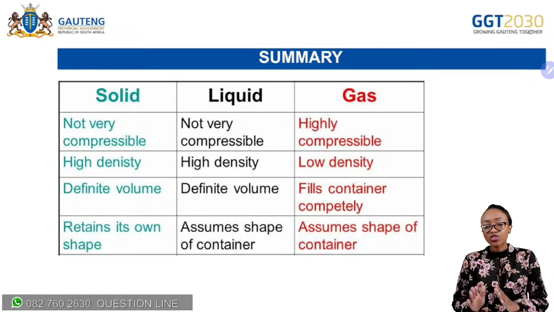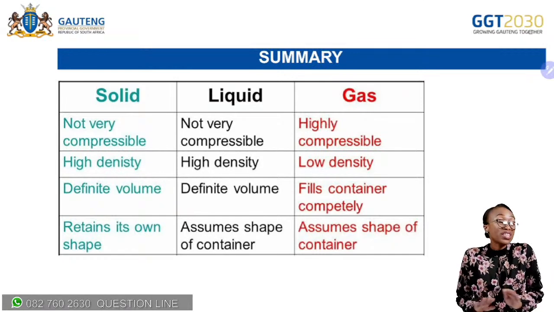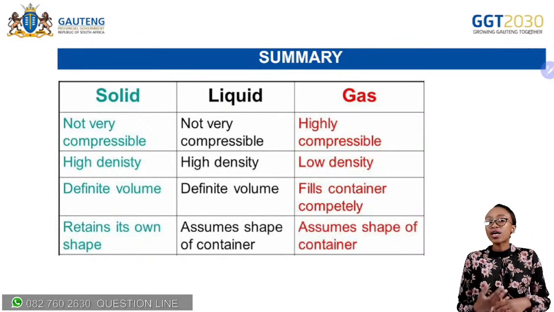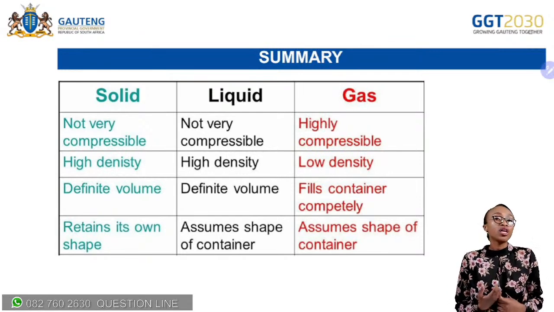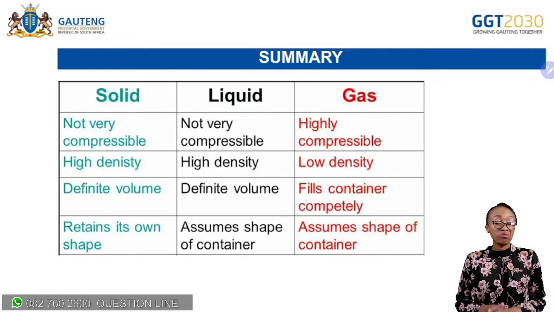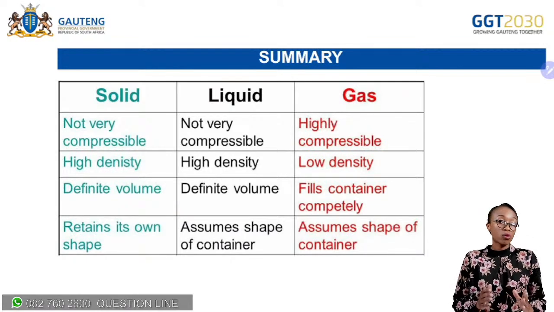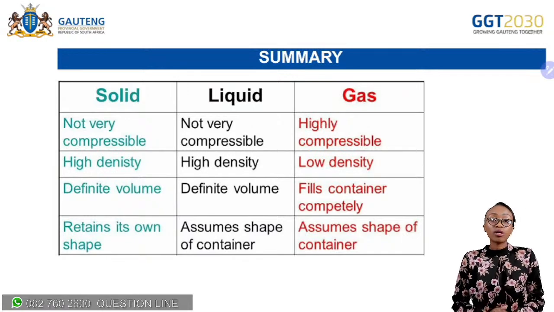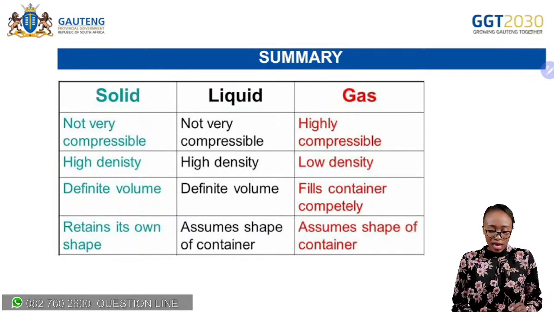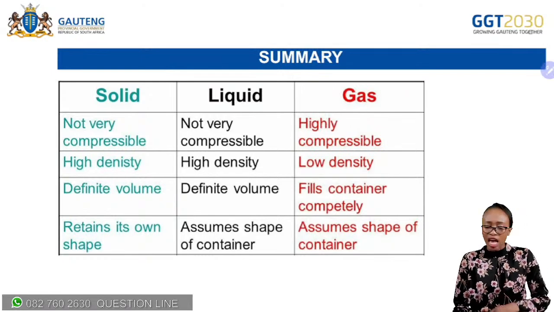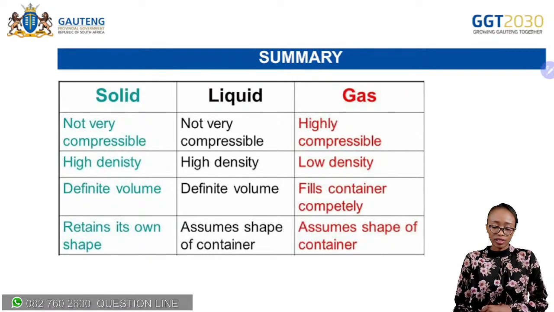So they don't have a definite shape. And gases also assume the shape of the container. If you put your gas in a round balloon, it's going to have a round shape. If you put your gas in a square bottle, it's going to be a square shape. So these are the properties of the 3 states of matter, which are your gas, your liquid, and your solid.